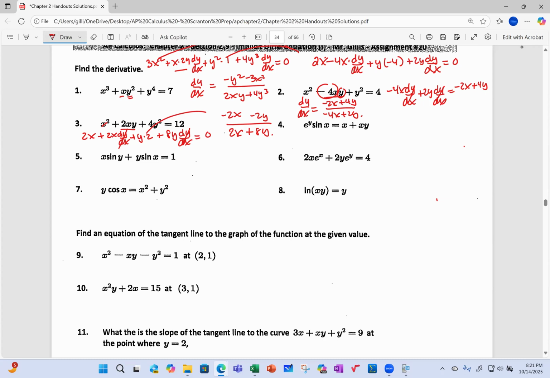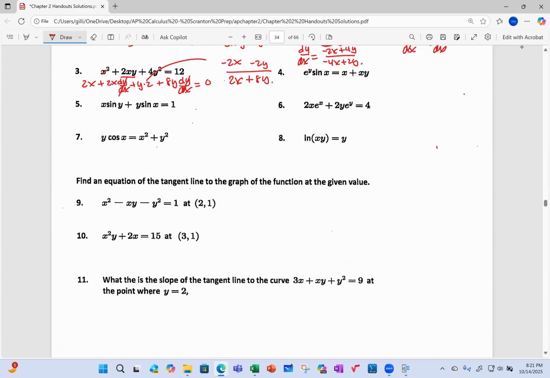And then the last one down here is number 9, is to find a tangent line. Again, a tangent line triggers a slope, which is the derivative, and the point I already gave you is (2, 1). So what would that be? Well, it's going to be a product rule here. So this derivative is 2x right here. This is my first function, so it's not too hard to see.